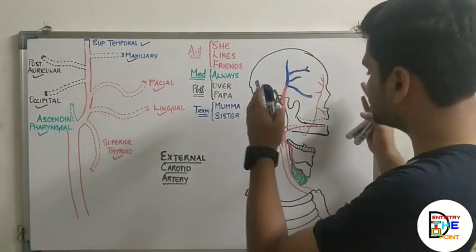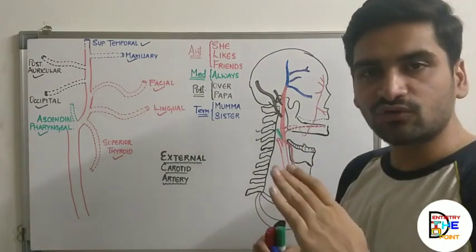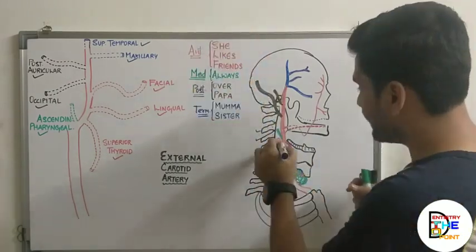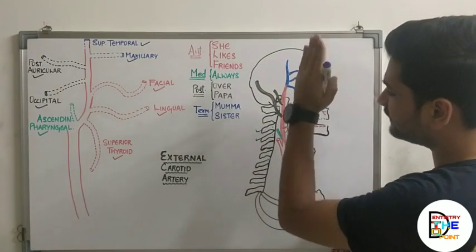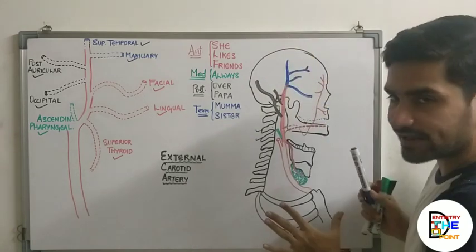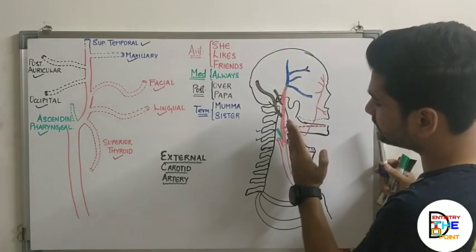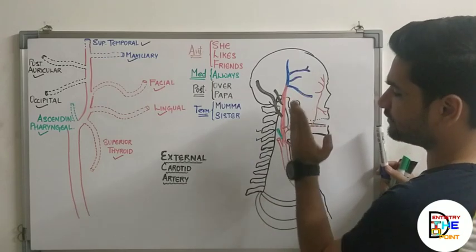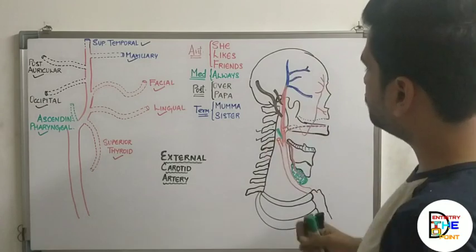Now we'll see the branches in this diagram also. See, the external carotid artery is going to have a curved course. मतलब the external carotid artery is going to go posteriorly and in a lateral direction. मतलब this is your 2D diagram. But अगर देखा जाए तो the external carotid artery is going to go backward and laterally. मतलब थोड़ी बाहर की तरफ आती हुई it is going to go in an upward direction.